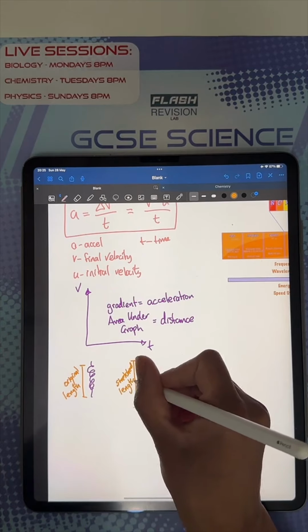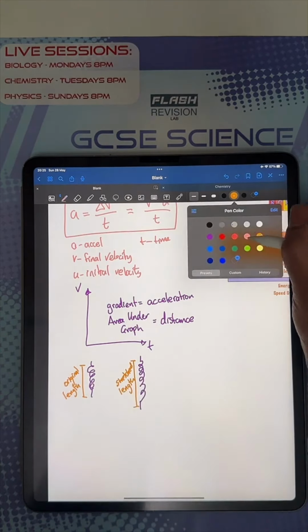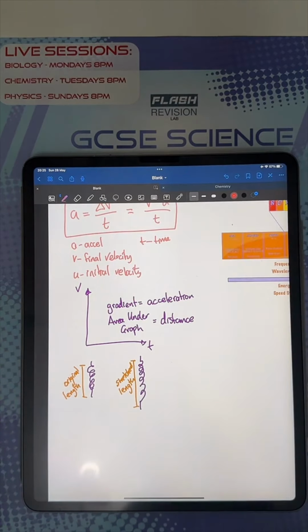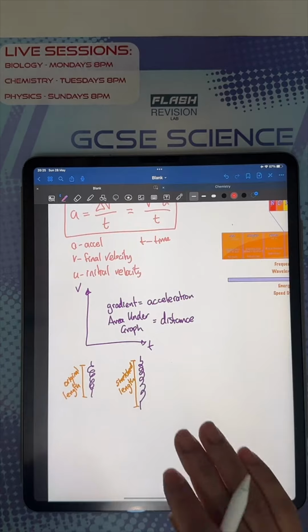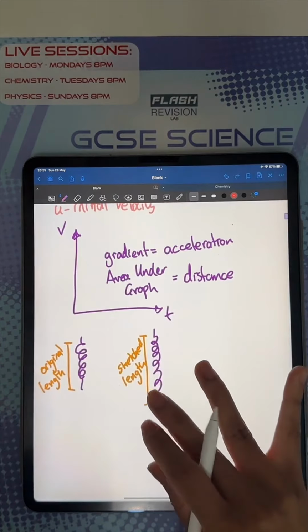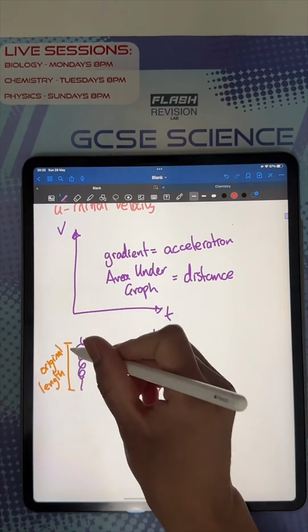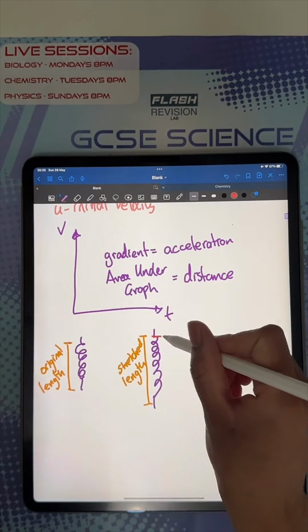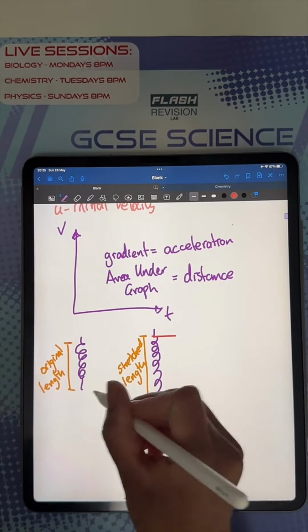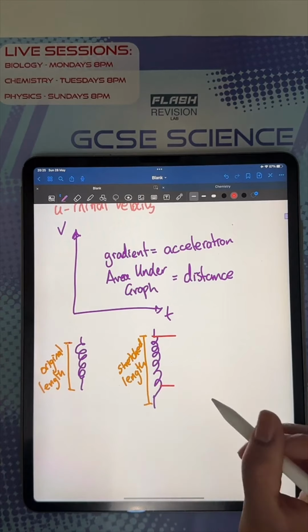What's the extension then? How do you define the extension on this? You minus the two, yeah. So you look at what the original length was. The original length is from here to around here, right?